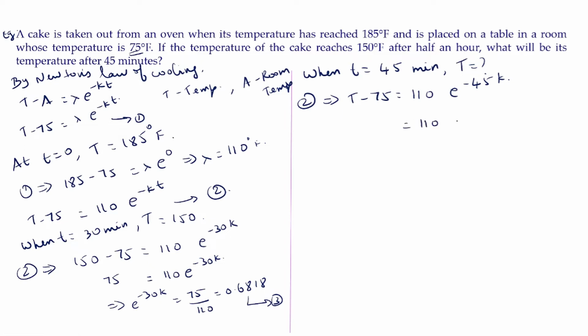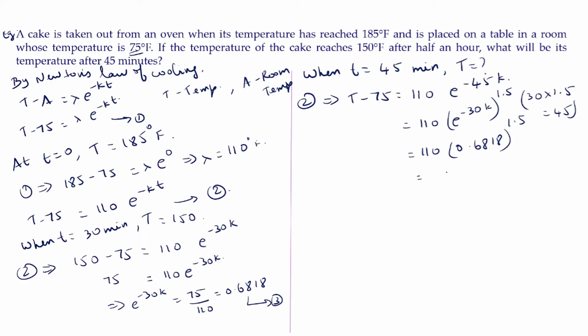So, e raised to minus 45k we can write as e raised to minus 30k, the whole raised to 1.5, since 30 into 1.5 is 45. So, this is equal to 110 into 0.6818, the whole raised to 1.5.